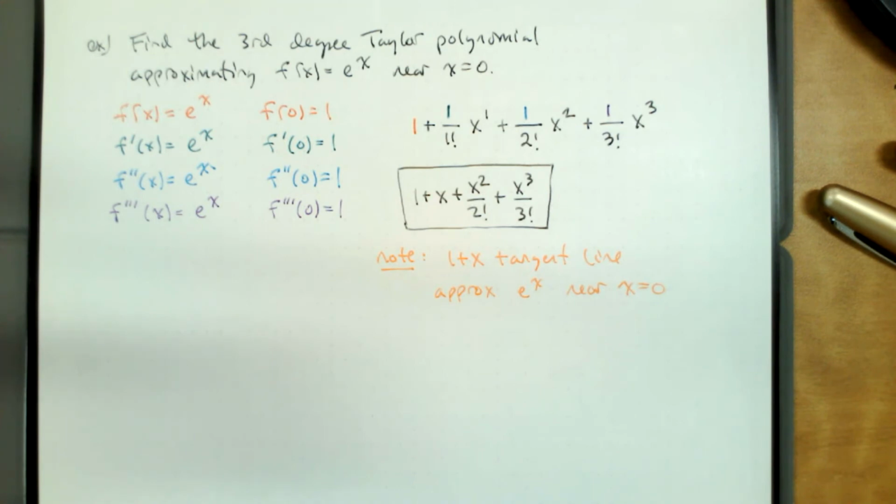It's the first degree tangent polynomial approximating e to the x near x equals 0. Another thing that we want to note about what we're doing, we're making a polynomial approximation of a function.